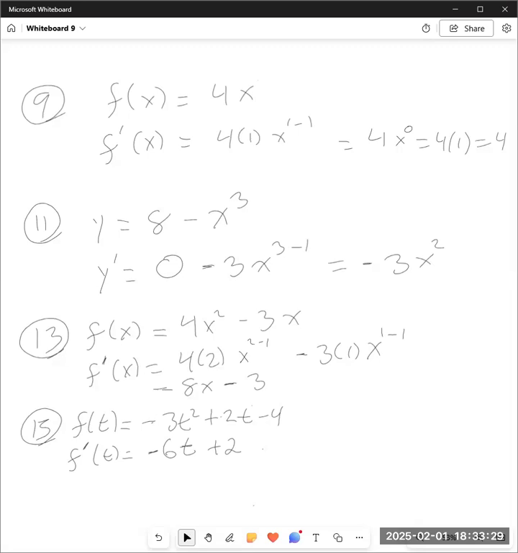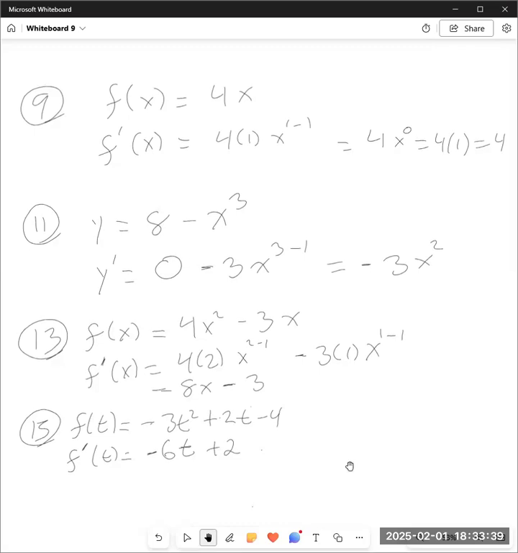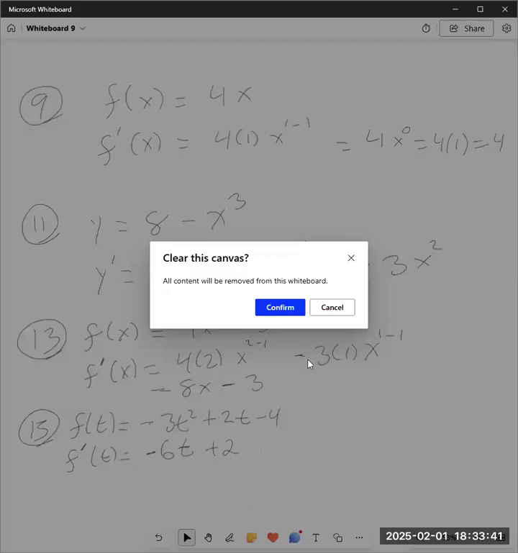One more problem here for this video. And that's going to be number 17. S of t is equal to 4t to the 4th minus 2t to the 2nd plus t plus 3.